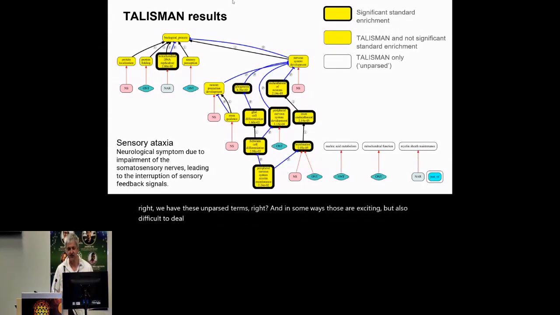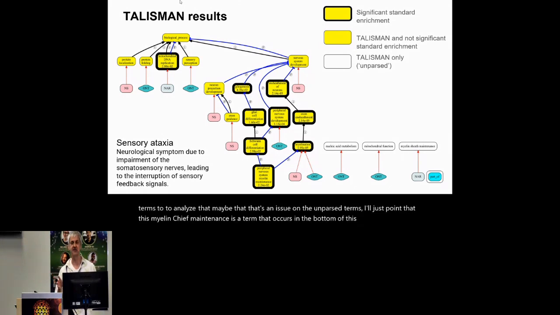Let me just mention a couple of things. The model will report certain terms which are not significant, but also not very useful, like biological process. They're not really wrong, and I think some people have been using parent terms to analyze that. Maybe that's an issue. On the unparsed terms, I'll just point out that myelin sheath maintenance is a term that occurs in the bottom of this diagram.